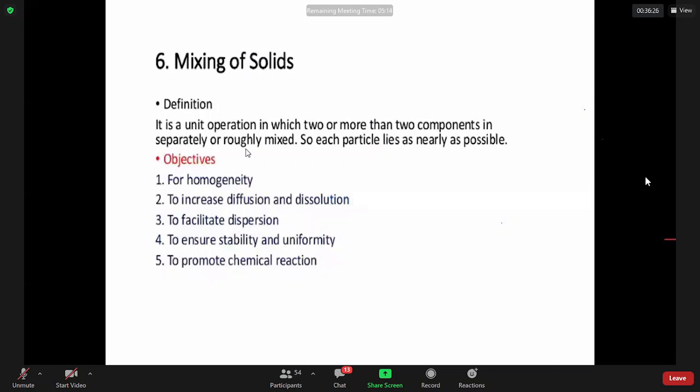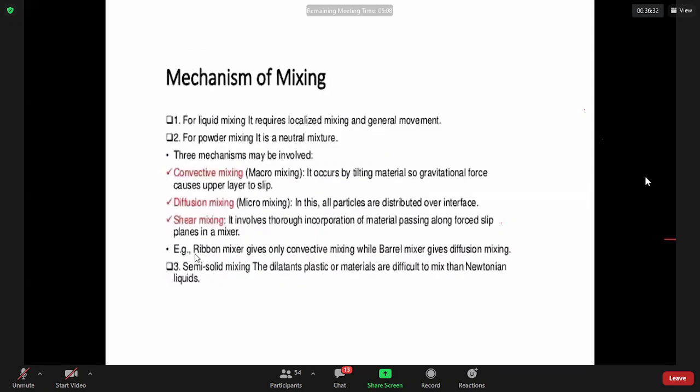That could also do some good mixing. There are so many other mechanisms which are involved, and they are well given here. We have liquid mixtures and solid mixtures. We have semi-solid mixers.